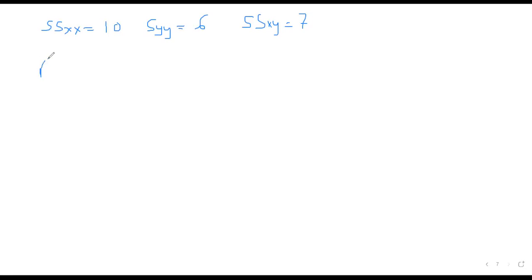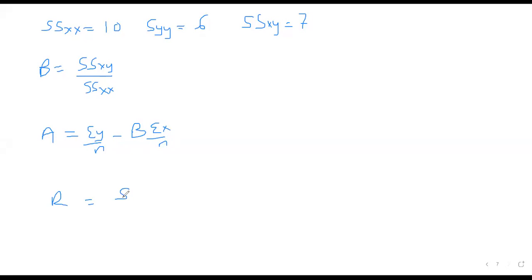Now find the B. The formula was XY over XX. To find our A, it was summation of Y over N minus B times summation of X over N, and our R was XY over the square root of XX times YY.